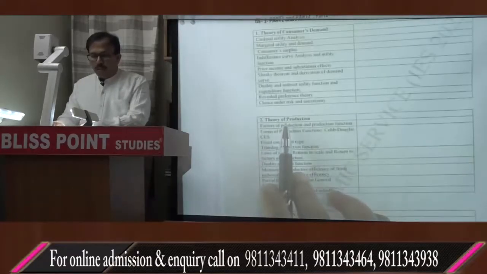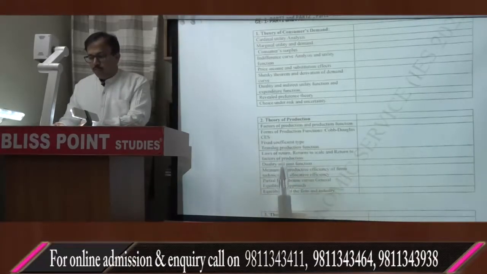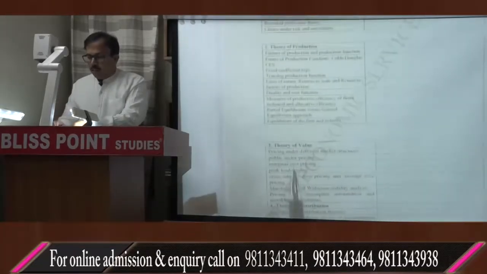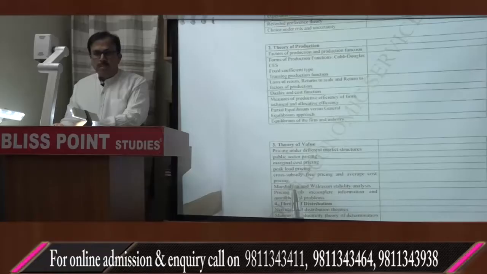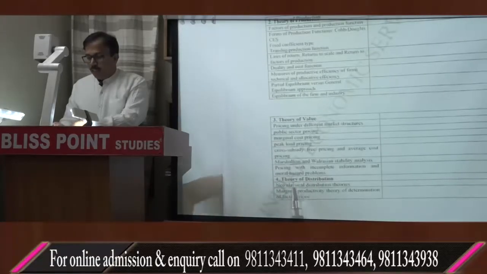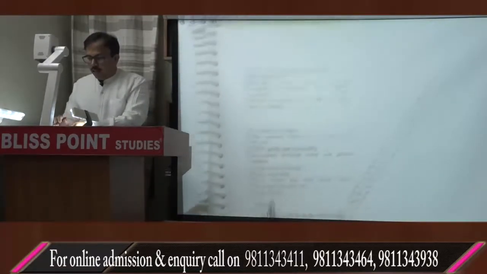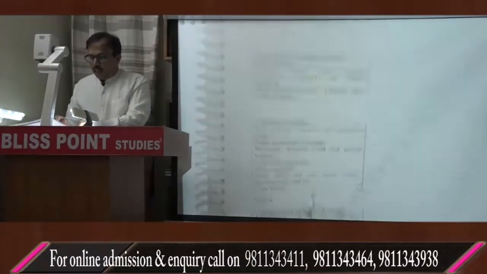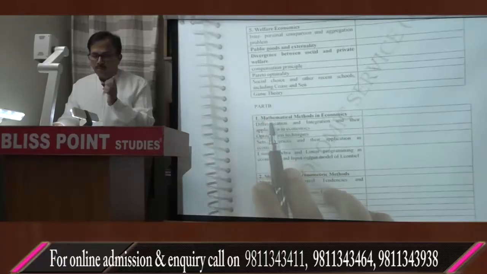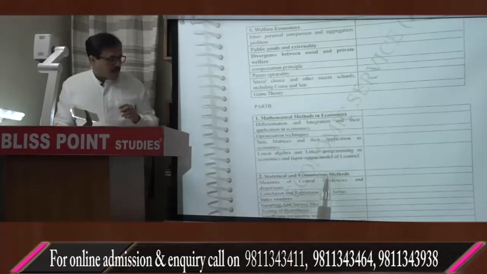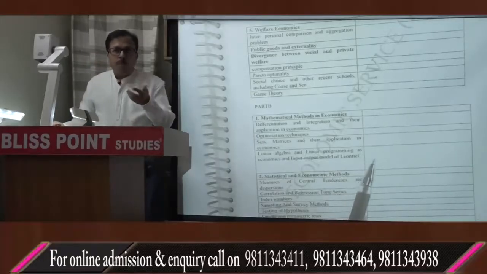Second will be theory of production. What are the subtopics within that theory of production? We have listed and detailed. Then the third will be theory of value, the topics including that. Then theory of distribution. After that welfare economics, and then the second section, that is Part B, which is mathematical methods in economics, statistical and econometrics models. So what are the various topics?